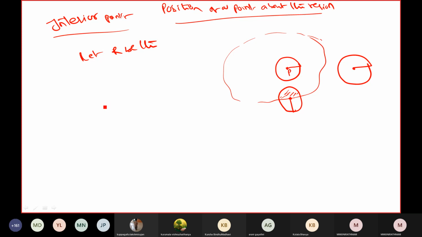Let R be a region in R square. Let P be any point in the region.